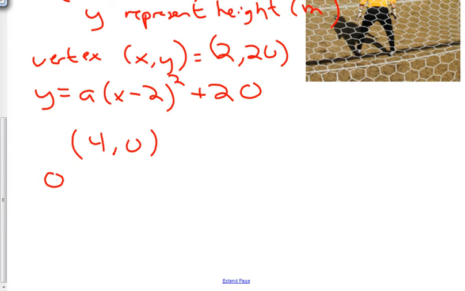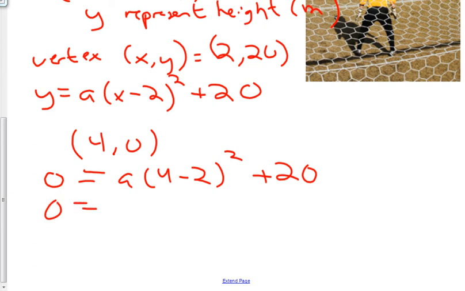And then I can sub in 4 for my x value. So 0 is equal to a times 4 minus 2 squared plus 20. 0 is equal to 4a plus 20. Isolating, I get that negative 20 is equal to 4a, so a is equal to negative 5.